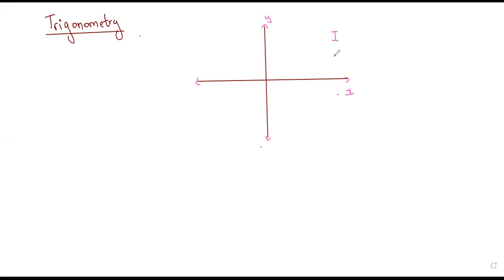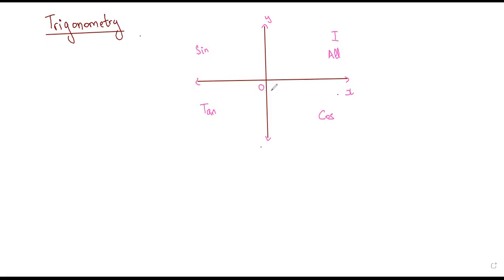In the first quadrant, all the trigonometric ratios are positive. Okay, in the second quadrant, only sine is positive. I'm only writing down those trigonometric ratios which are positive. In the third one, only tan is positive, and in the fourth one, only cos is positive. This is the origin. All right.